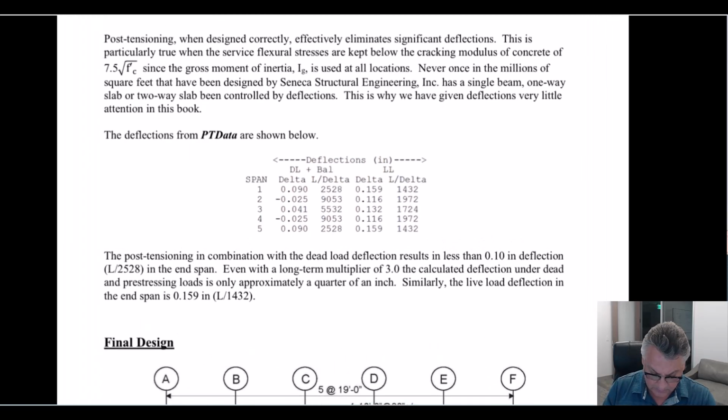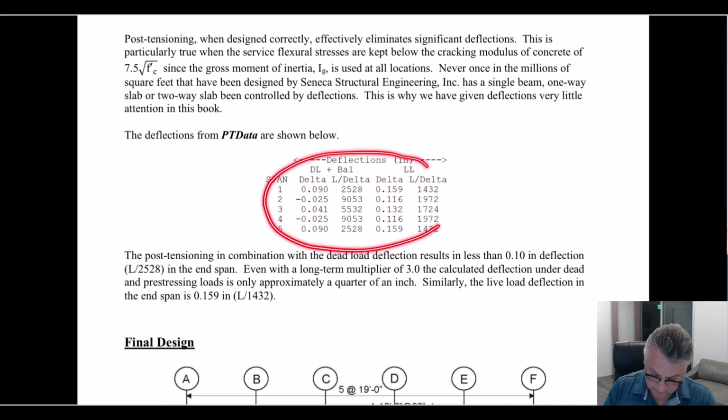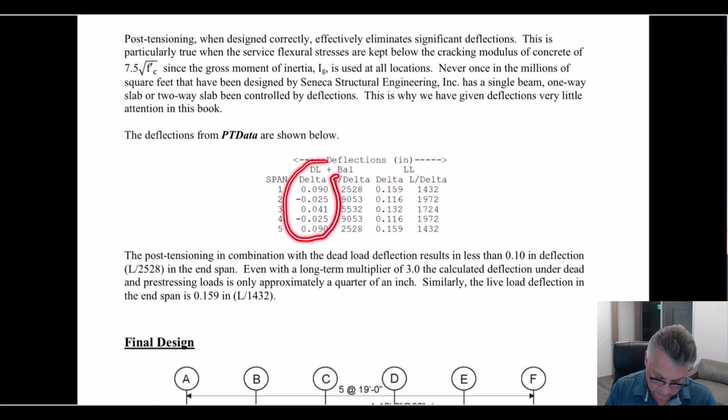But out of PT data, you will see that the deflections that we have are tiny. These are the dead load plus pre-stress deflections. 0.09 inches, 0.02 inches. These are tiny numbers.